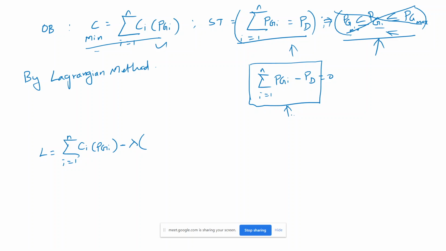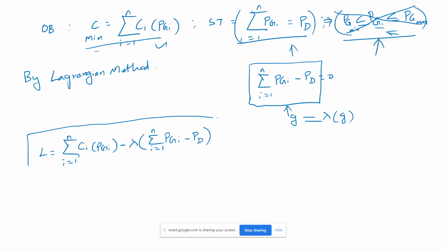Lambda of g is nothing but lambda times the summation for i equal to 1 to n of Pgi minus Pd. So this is my Lagrangian equation for our original objective function.